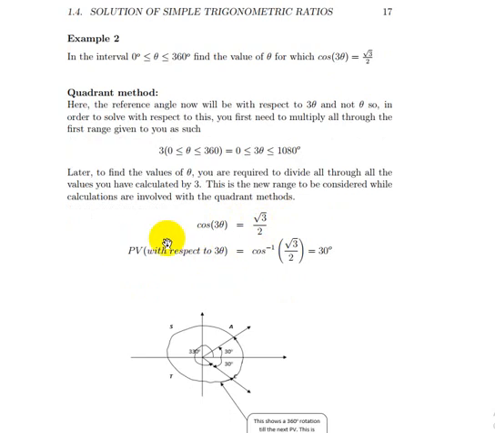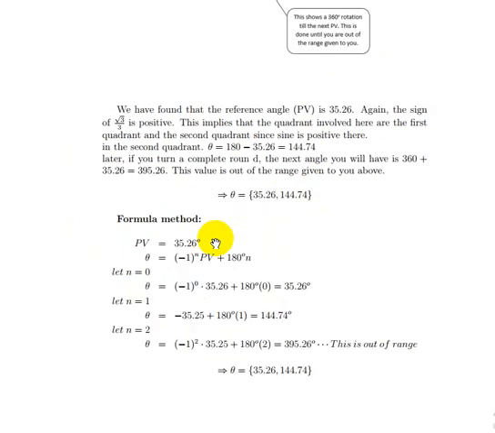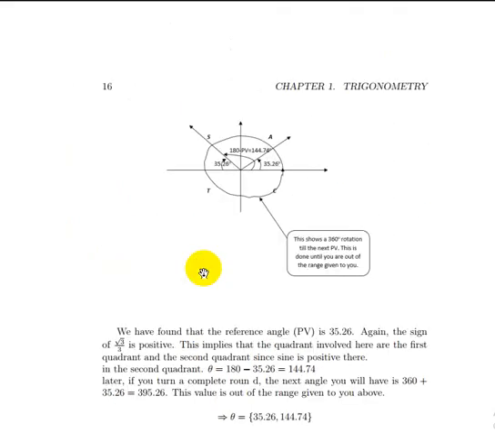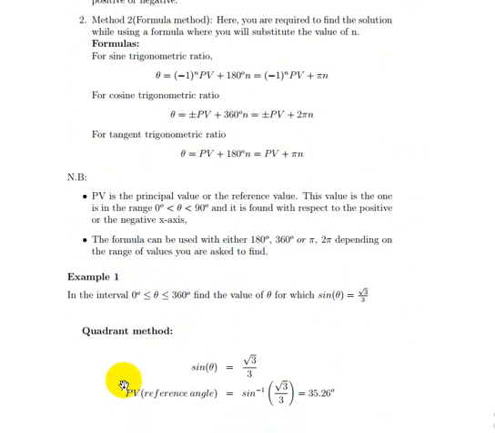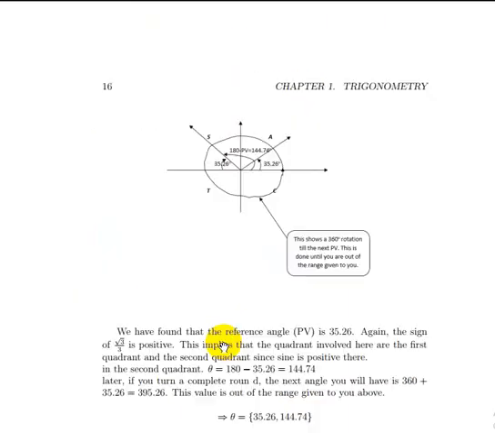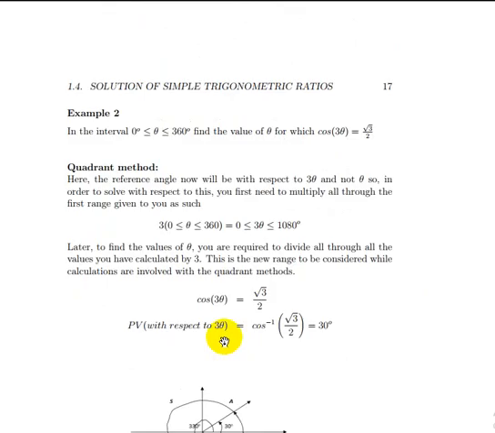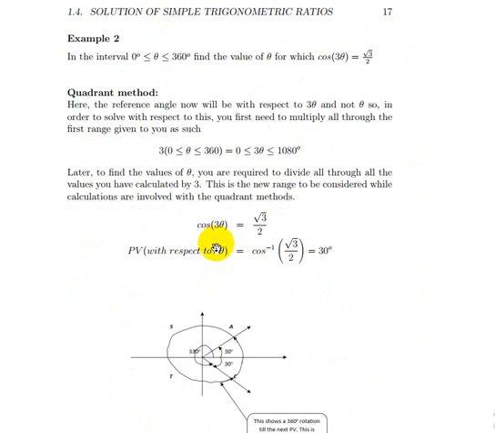Now this PV you are calculating is no more the same as before. At first, the PV that was calculated here was with respect to theta, the reference angle with respect to theta. But now, in our next section, we have instead cos 3 theta, so the PV now is with respect to 3 theta.